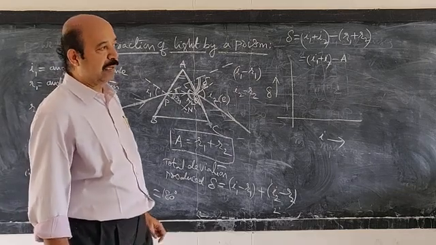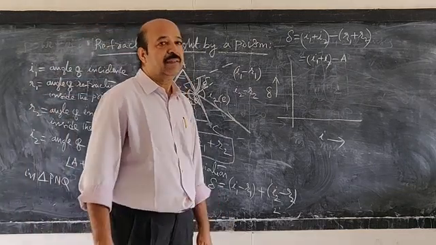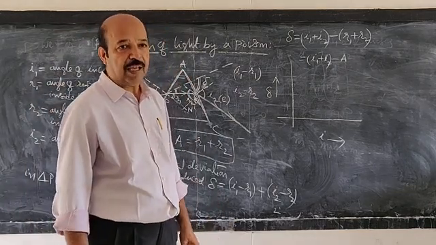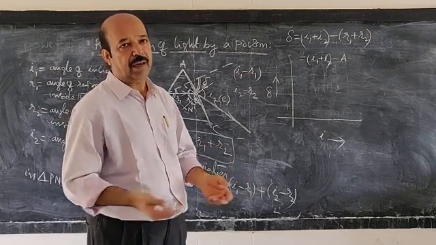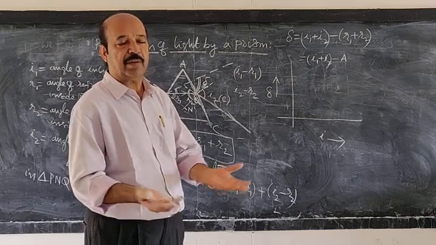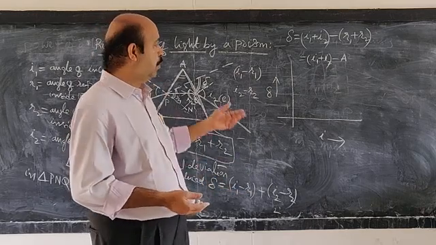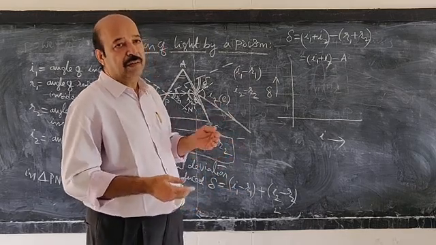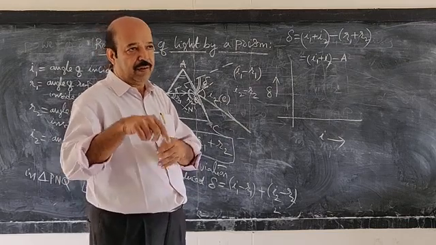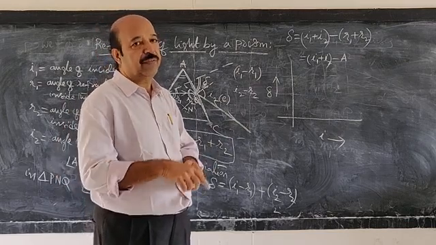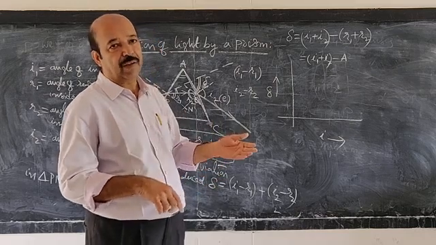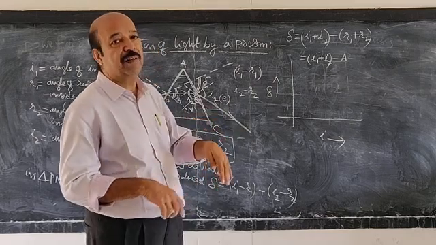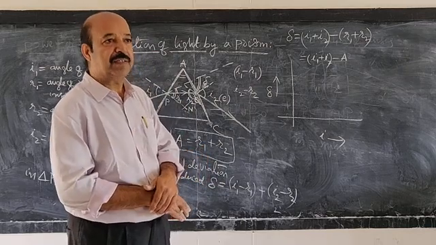You can do it with the spectrometer also, but in our laboratories that is not available. So we use pins and a drawing board with a plain white paper or a drawing sheet, and using that you can arrange the pins at different angles of incidence. Then you can measure the angle of deviation by observing the image of the pins from the other refracting surface.